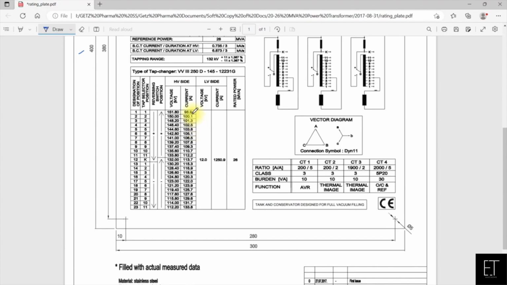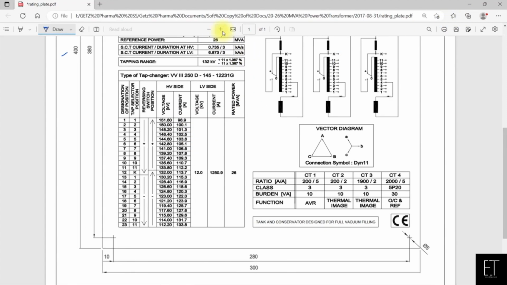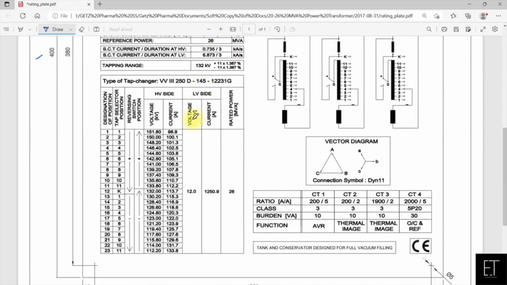This is not the transformer on which we are doing the calculations. This is another transformer nameplate. I just want to show how a transformer nameplate shows different taps. This transformer has taps available: 132 kV plus 11 taps, and each tap is 1.367%.